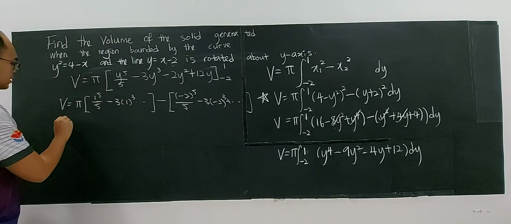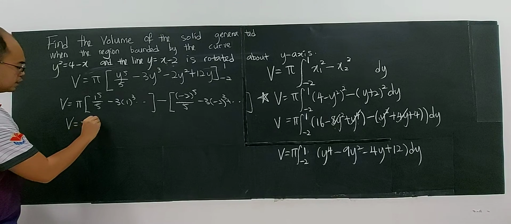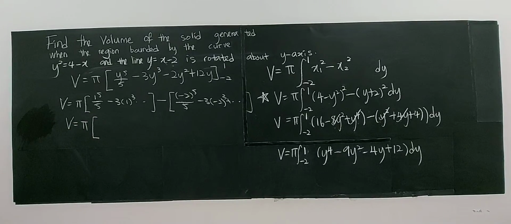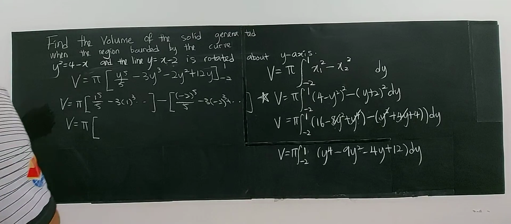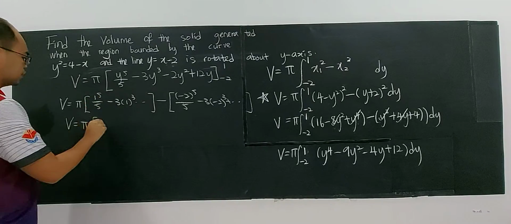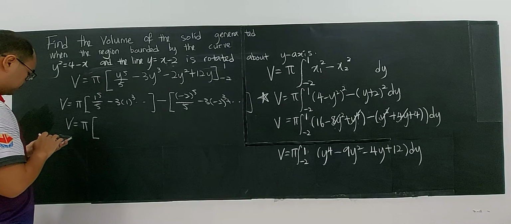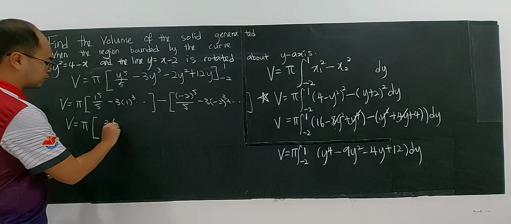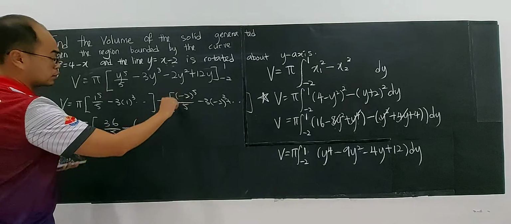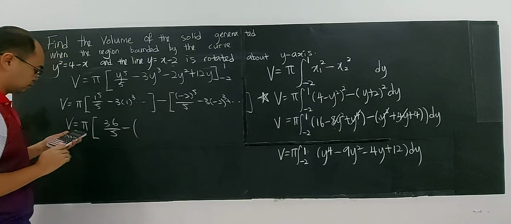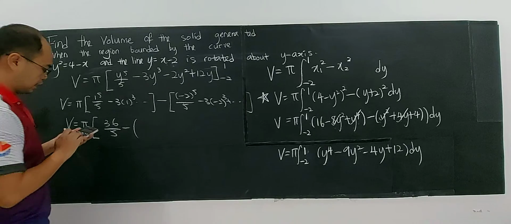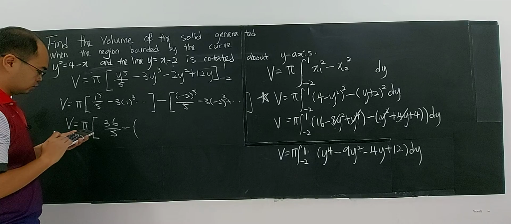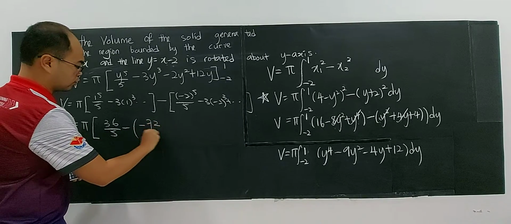Once you subtract, you have pi, and as you calculate the value at 1 here, you get 36 over 5, minus the value at negative 2, which is negative 72 over 5.